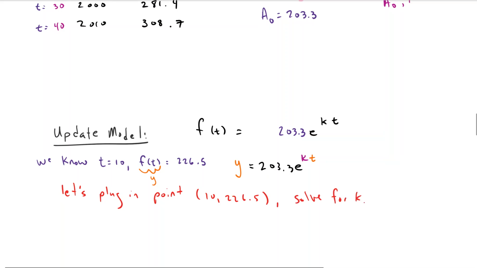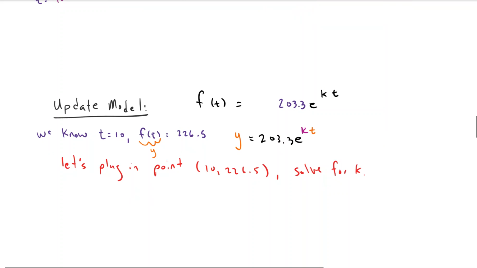That'll give us exactly what we want. So the y is 226.5 equals 203.3 e to the k, which we don't know, but we'll soon know, times 10. Awesome. Now we solve for k.